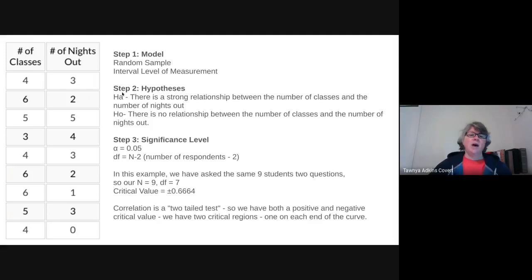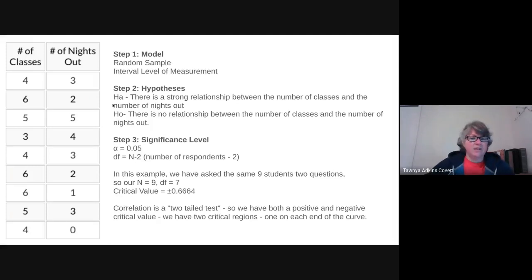Okay, our hypotheses, this is how we worded our hypotheses for correlation, right? So for chi-square, we used words instead of symbols. When we did t-tests and ANOVA, we used symbols for our hypotheses. But when we started talking about measuring association or relationships, we were using sentences to talk about the relationship between the variables.